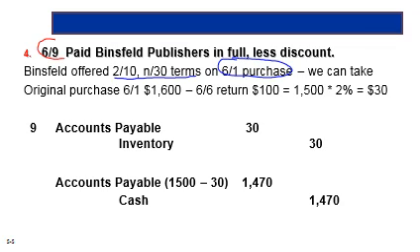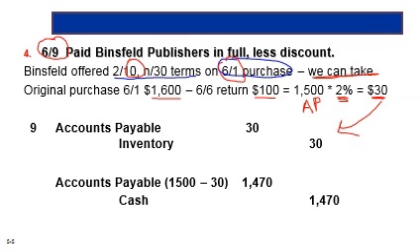We're on 6/9, and the original purchase was 6/1, so we're still within the 10-day window and we can take our discount. We started with 1,600 and returned 100, so the current accounts payable is 1,500. The 2% discount on 1,500 is $30.